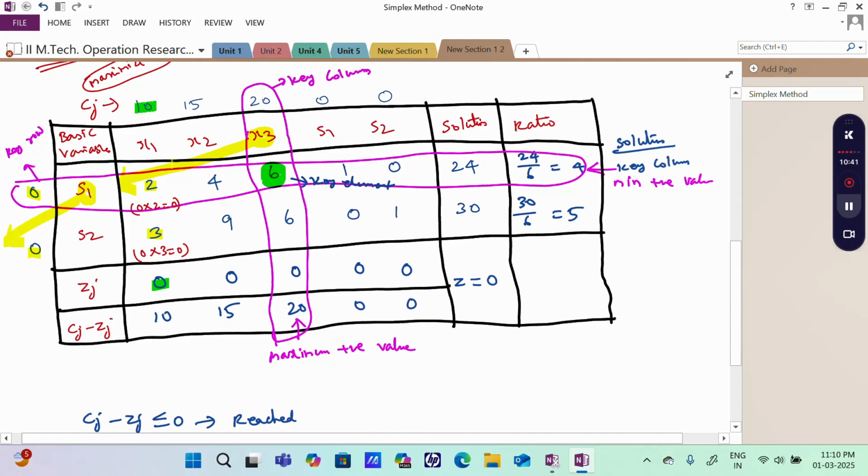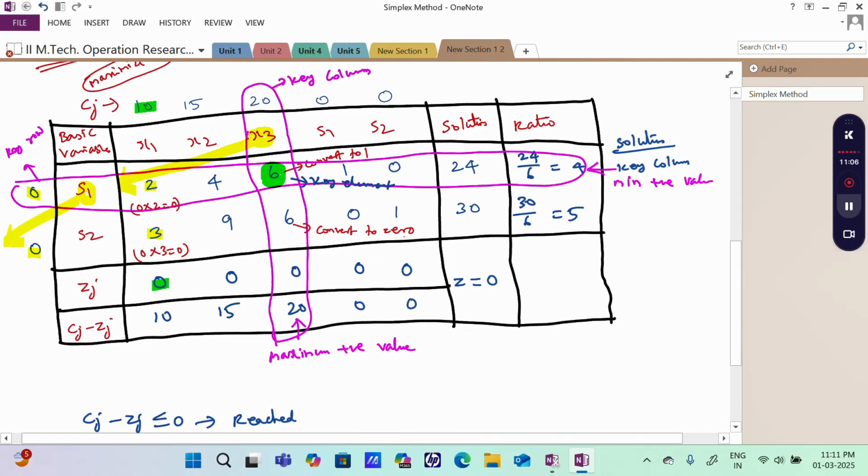And what is the next process? The key element, the 6, converts into 1. Then the corresponding values convert to 0. This is our main process.